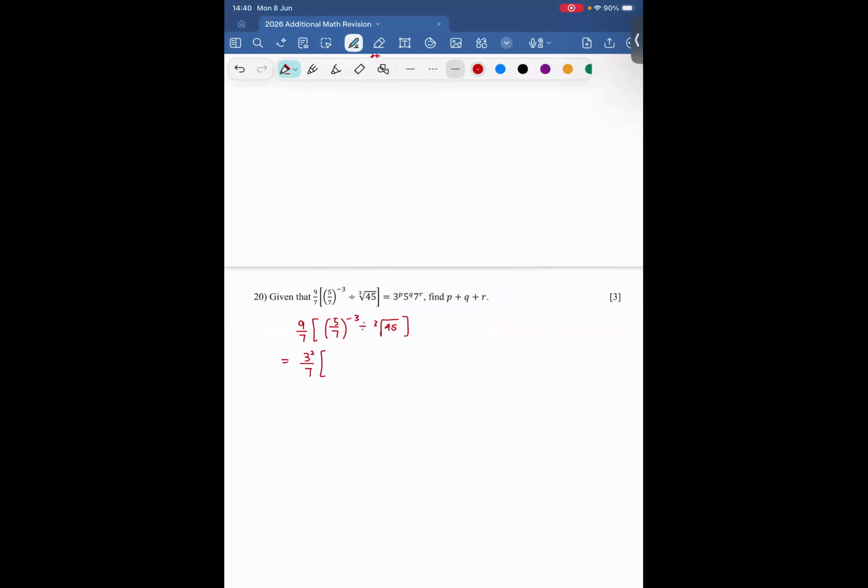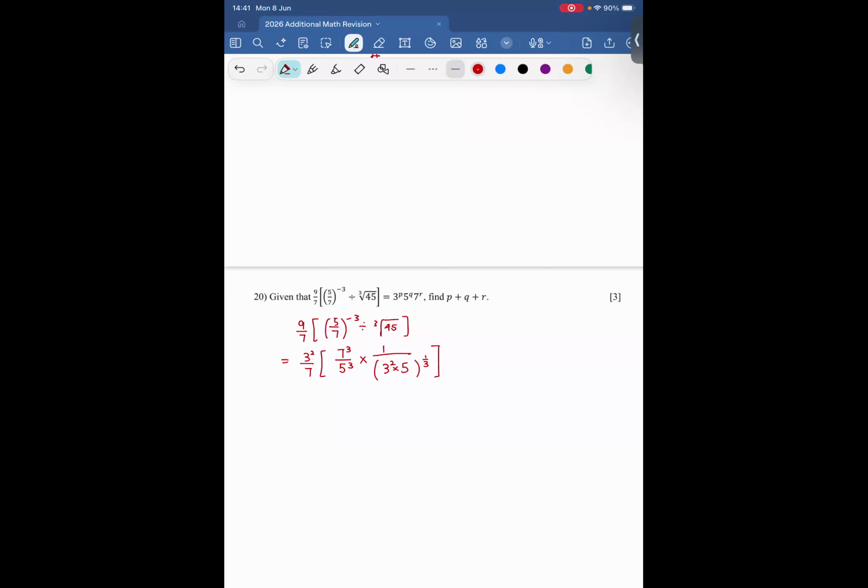Okay, this one, if you distribute, you can flip it around. It becomes 7 power 3 over 5 power 3. Divide, you change to times, it becomes 1 over. A cube root means power 1/3. 45 is actually what? 9 times 5. Okay, you prime factorize your 45.